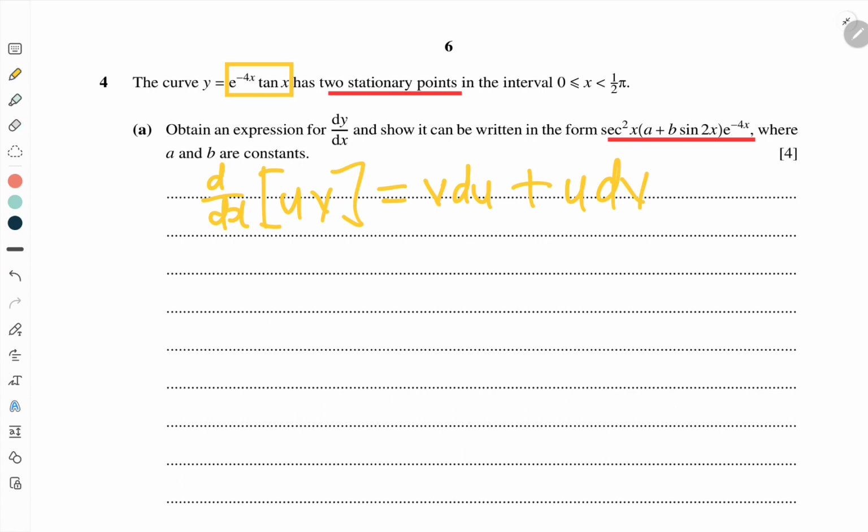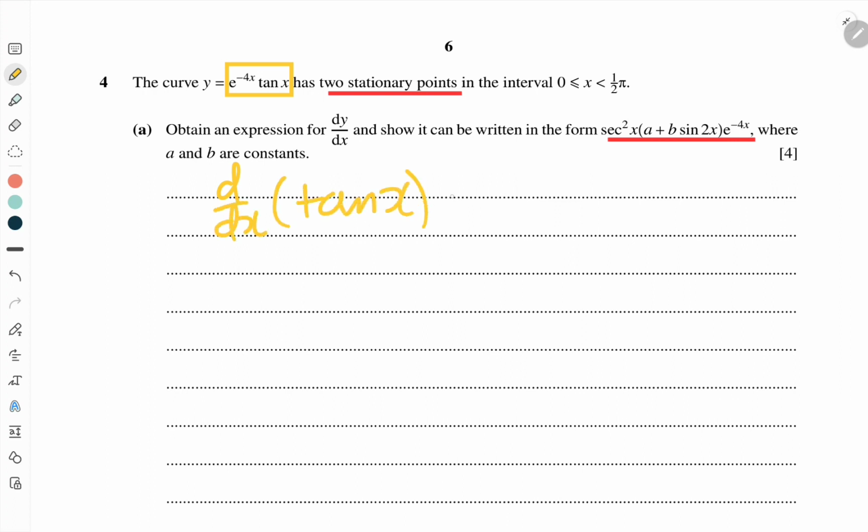So that's the product aspect of things. Then we also have the trig aspect, whereby we should just remember that the derivative of tan x is sec squared x.